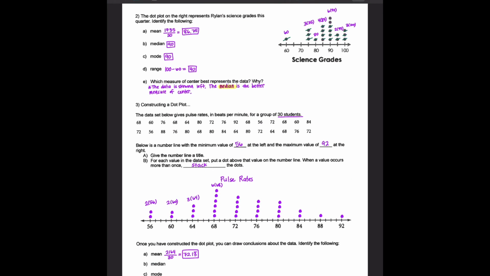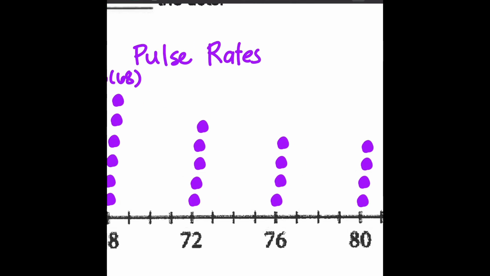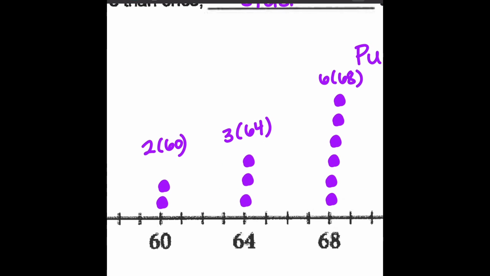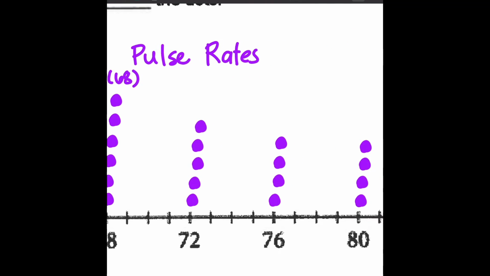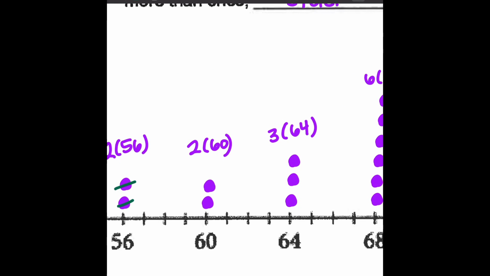To find the median, I'm just going to work my way towards the center of the data. So I'm going to start by marking off that 56 and this 92. Then I'm going to mark off the second 56 and this 88.